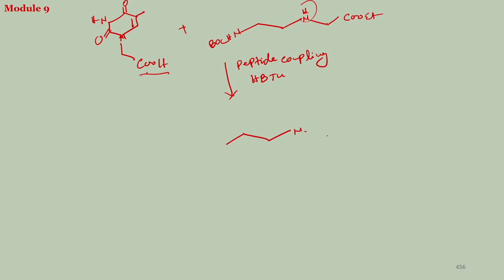So, this amine, CO2Et, NH BOC N, CO, and here you will have the thymine N. So, NH this. So, your monomer is ready.